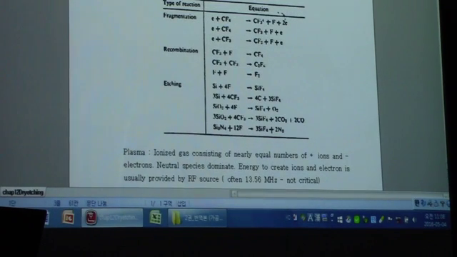Recombination: this fragmentized F atom is going to recombine with the CF3 to form a CF4, because the CF4 is a stable form of the carbon fluoride.